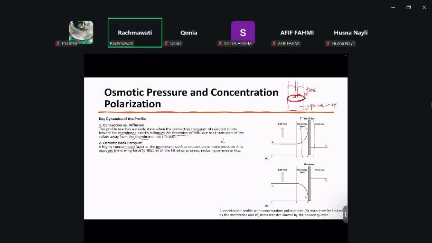So now you can even explain why the flux becomes slower after a certain time of using a membrane. You do know that the flux is slower, but then as a scientist, you have to explain why.